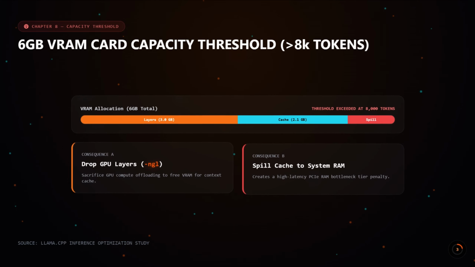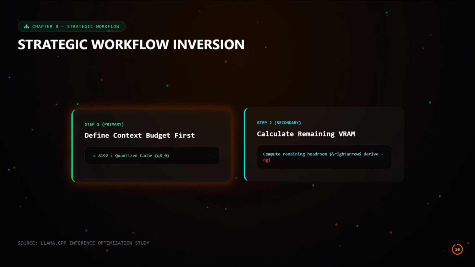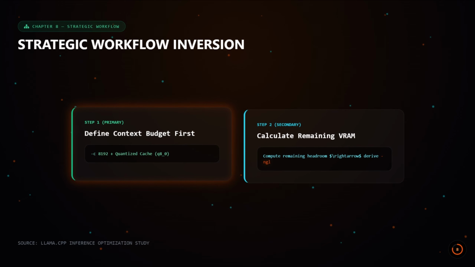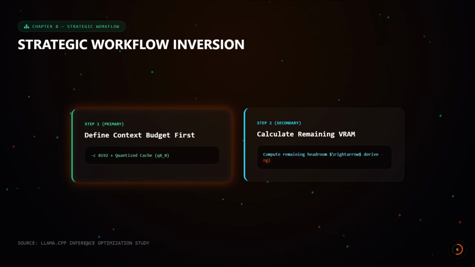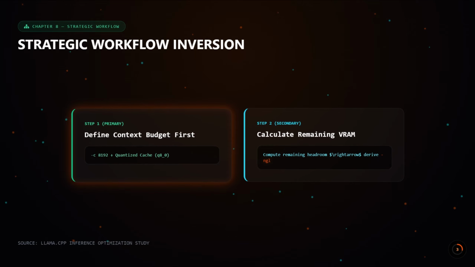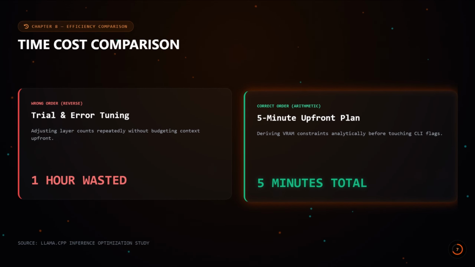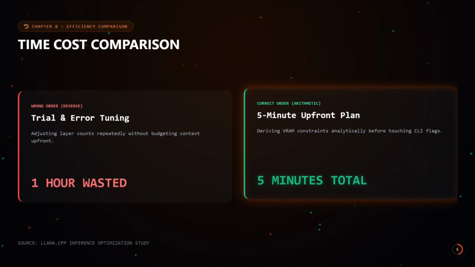And you either drop layers to make room, or you spill the cache to RAM, which is a smaller version of the same disk problem from earlier, just one tier up. If your task is long documents, plan your context budget before you plan your layer count, not after. Get this order backwards, and you will spend an hour tuning a number that a 5-minute plan would have made unnecessary.